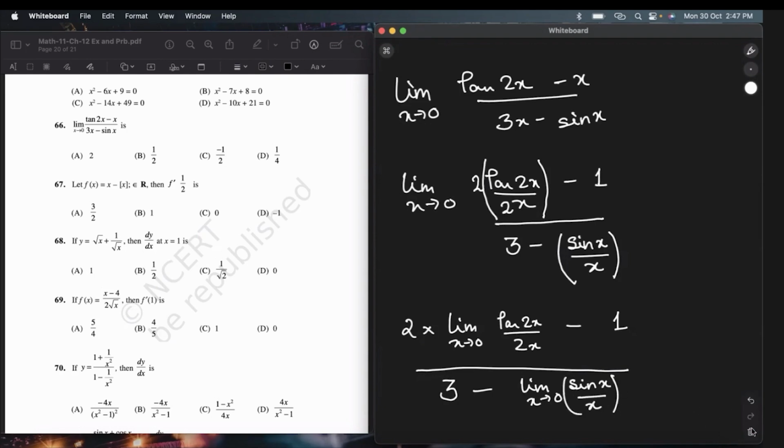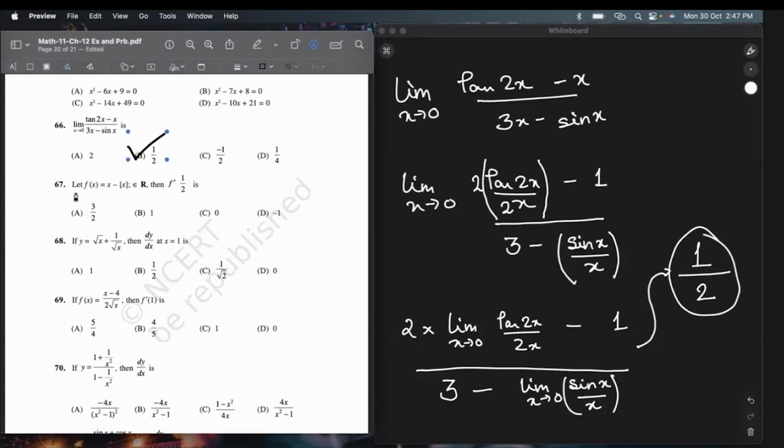Alright, so what am I being left with? This returns a value of 1, this returns a value 1. So 2 minus 1 is 1, and 3 minus 1 is 2. So this is your answer, 1 by 2.